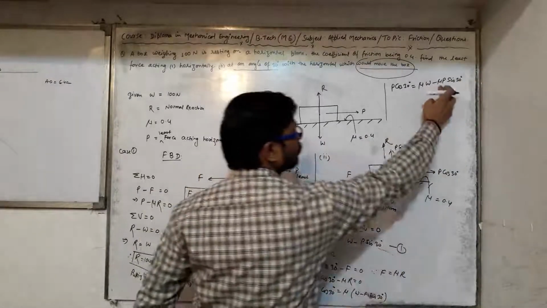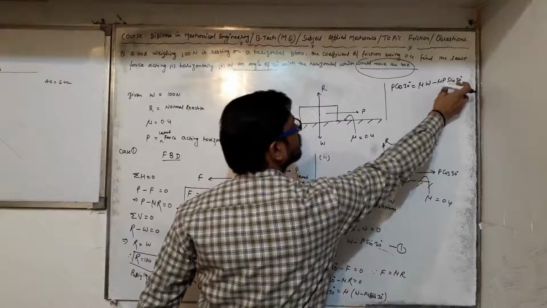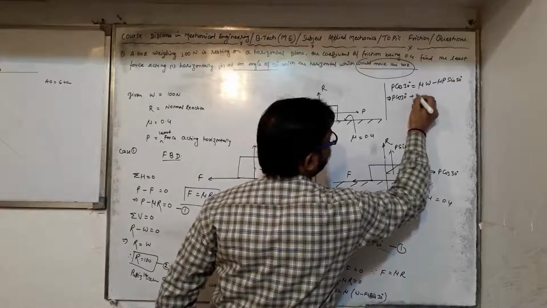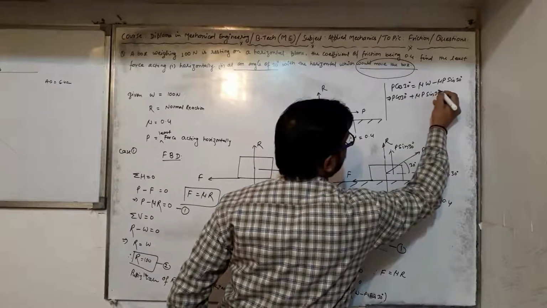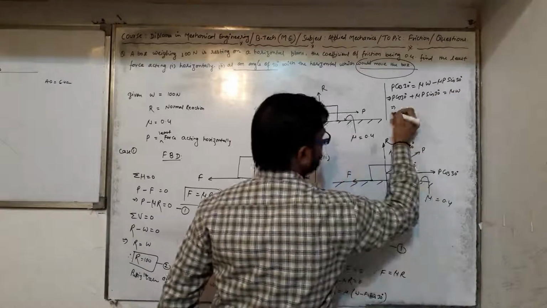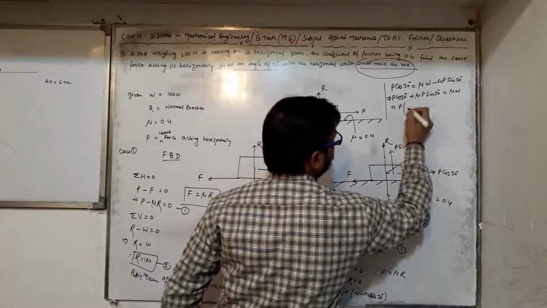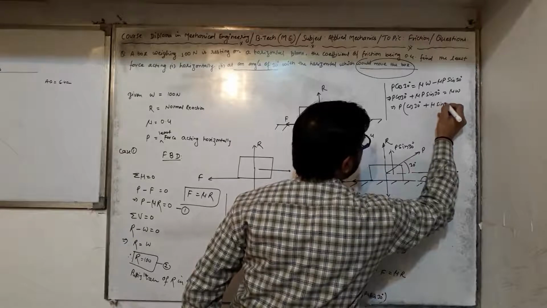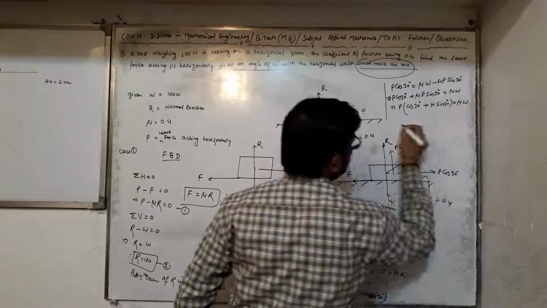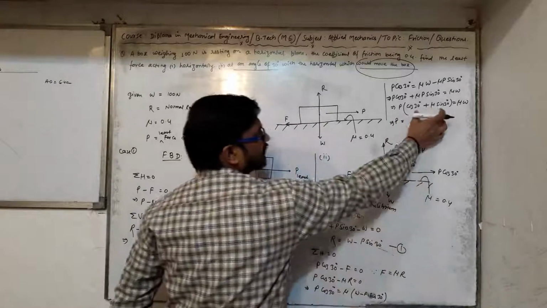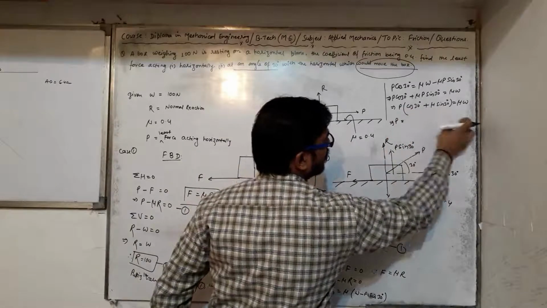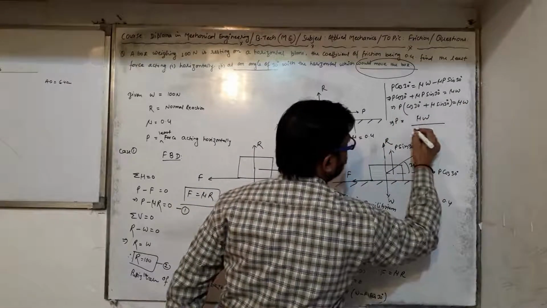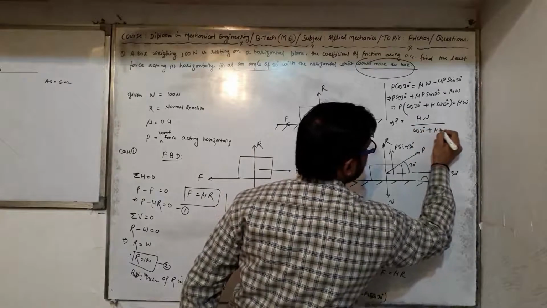Now if I am transposing mu times P sine 30 degree to the left hand side, then it becomes P cos 30 degree plus mu times P sine 30 degree is equal to mu times W. Taking P as common, P times (cos 30 degree plus mu sine 30 degree) is equal to mu times W, or P equals, transposing this whole term to the right hand side so that P becomes free, mu into W whole divided by cos 30 degree plus mu times sine 30 degree.